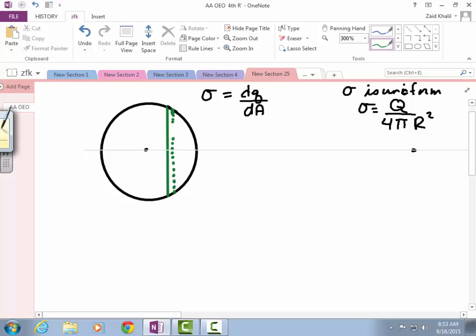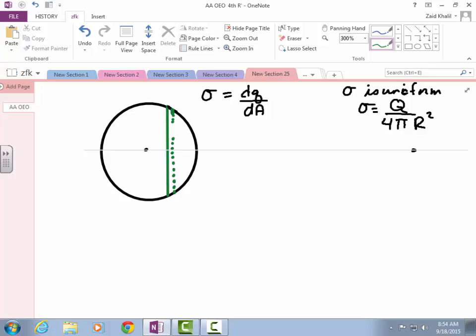So that's my slice. That's like a disc. Not exactly a hoop, but I guess you could say it's kind of like a hoop. But we need to figure out what the dimensions of this hoop are.